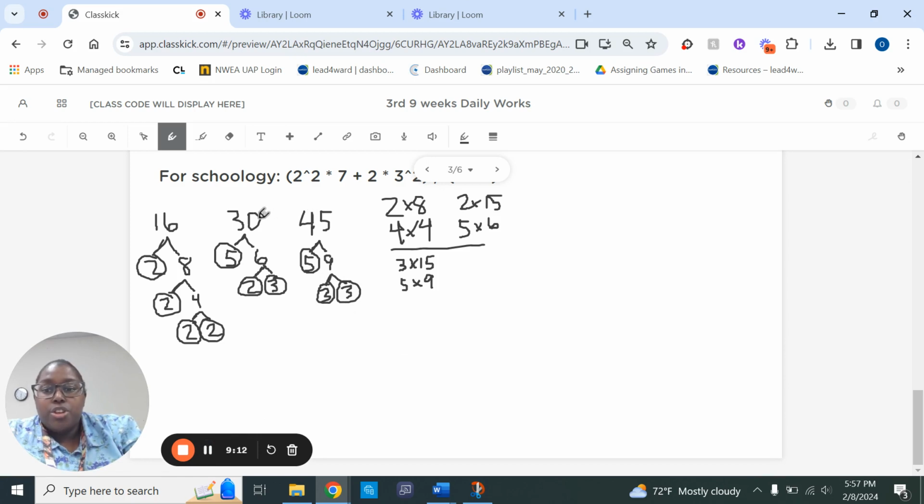Now, because the 30 and the 45 were being multiplied together, I can combine their prime factorization since all of this is being multiplied. That's not the case with this one, because 16 was just being added to these two.